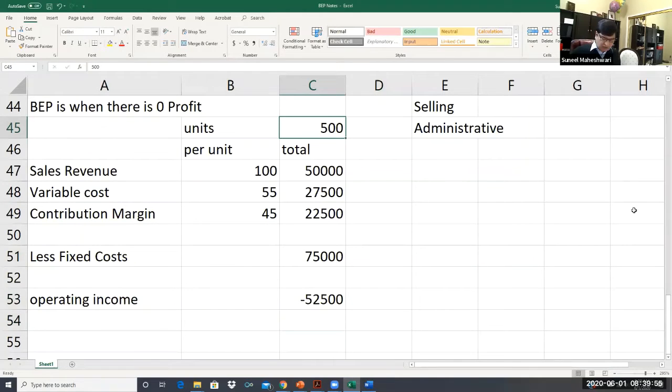If you put 150, obviously it's not going to work. If you put 1667, it's more or less covered. If you take any number less than 1667, you have a loss.